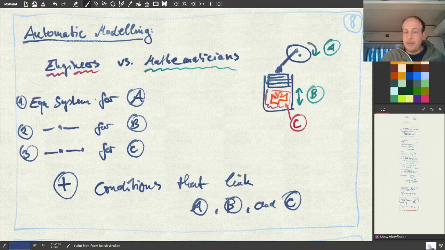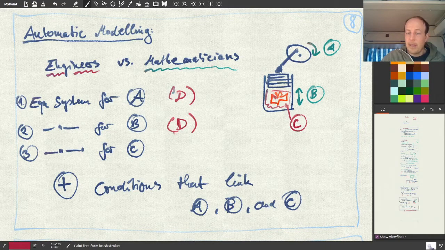Let me say this once more for you. You have an equation system for the A, which might be maybe a differential equation. You maybe have an equation system for the B, which might also be just a differential equation. And you have an equation system for process C, which certainly is a partial differential equation.